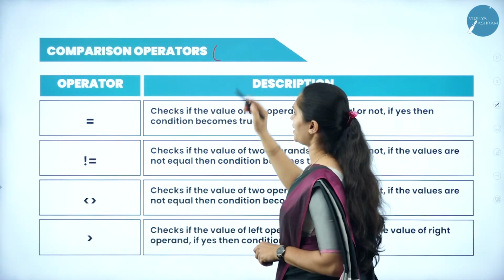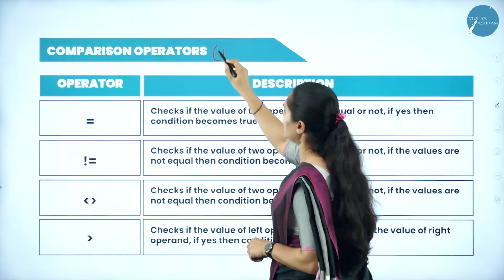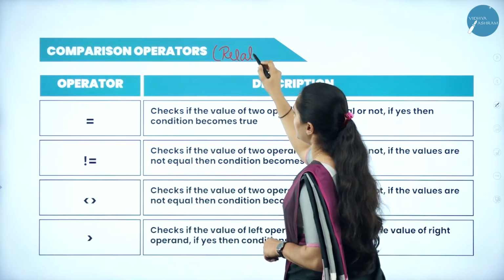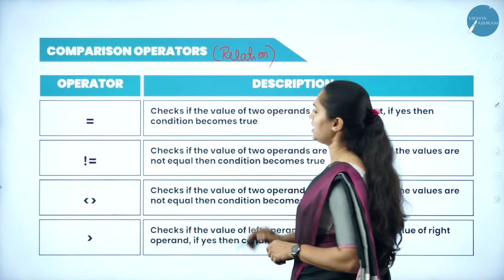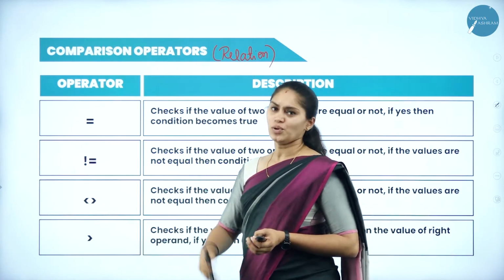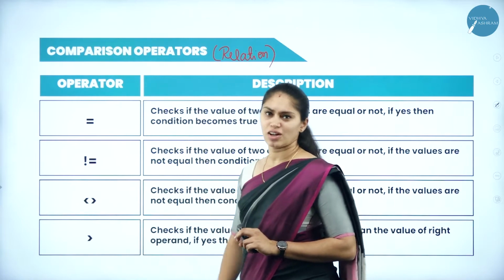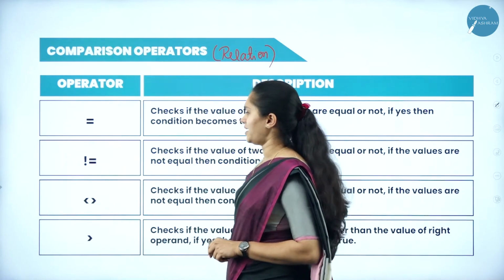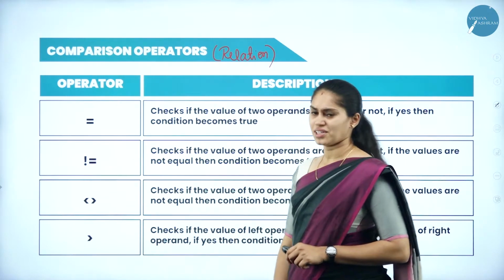We'll see the next one, the comparison operator. This comparison operator can also be considered a relational operator. Mainly to compare one value with another value, we use this relational or comparison operator. What is the first operator here? Equal.